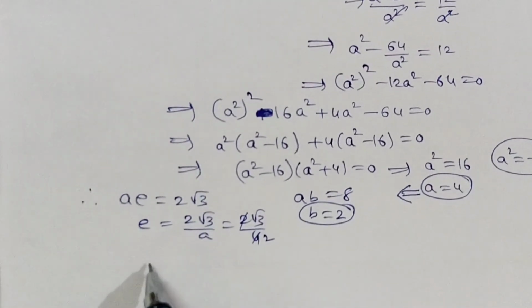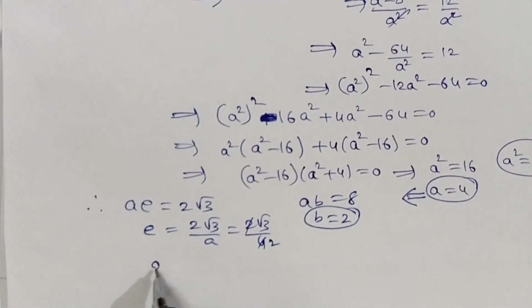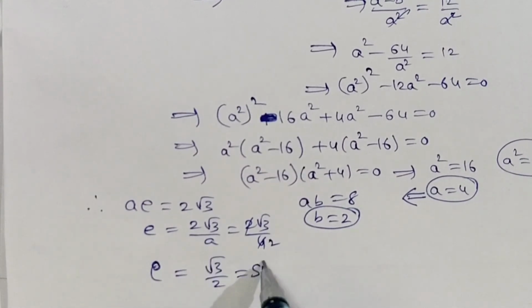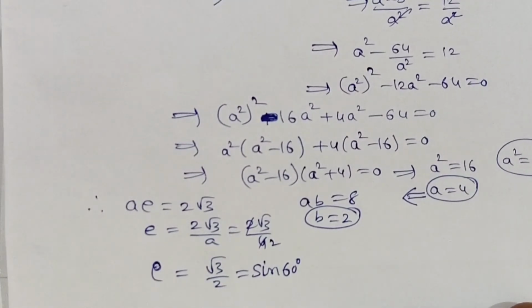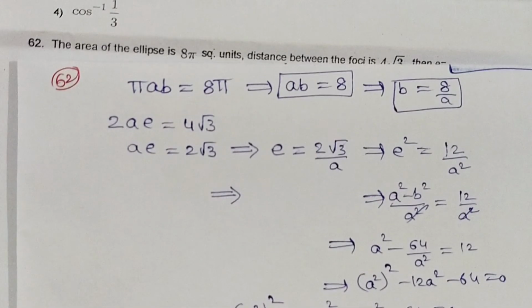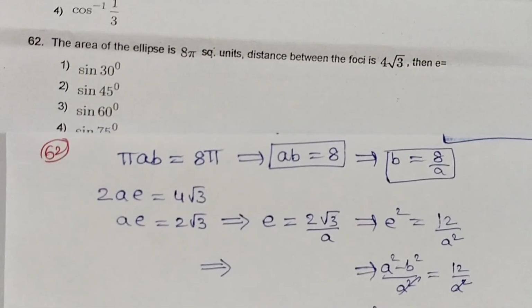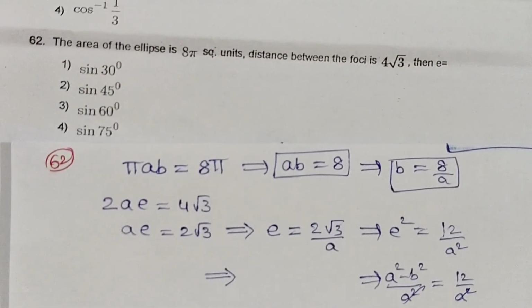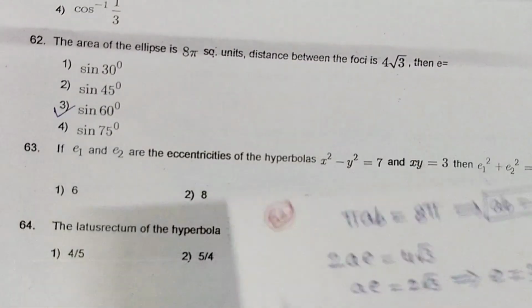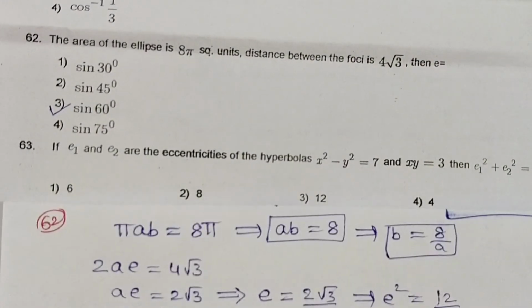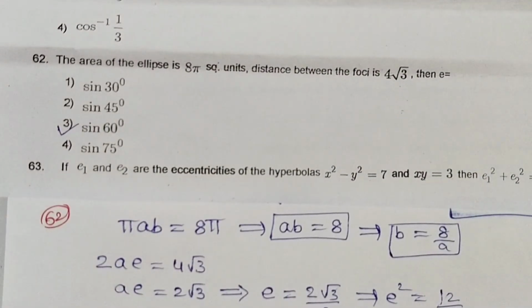Therefore eccentricity E equal to root 3 by 2. Root 3 by 2 means sine 60 degrees. So the value of eccentricity E equal to sine 60 degrees, which is there in the third option. We will move to the next question.